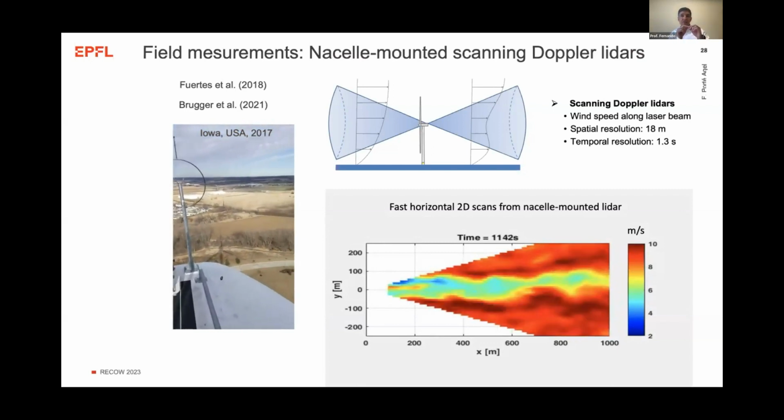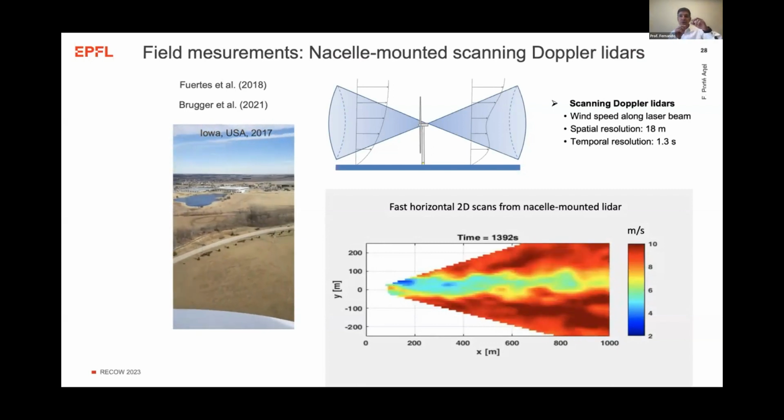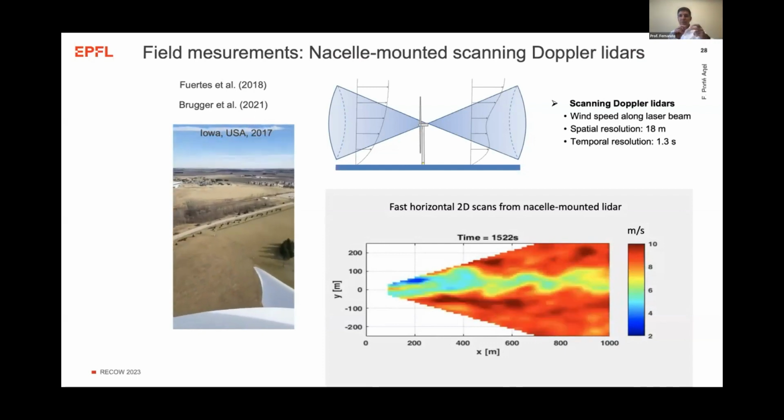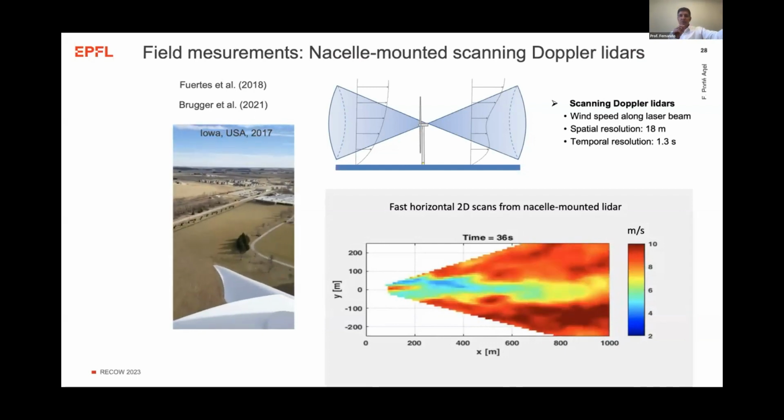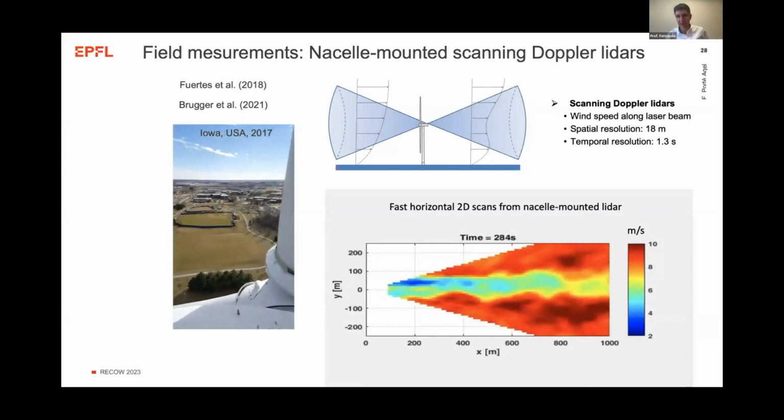So it's quite powerful. Every second and a little bit more, you get measurements up to about 2 kilometers, a measurement point every 18 meters. Of course, only one component, though.